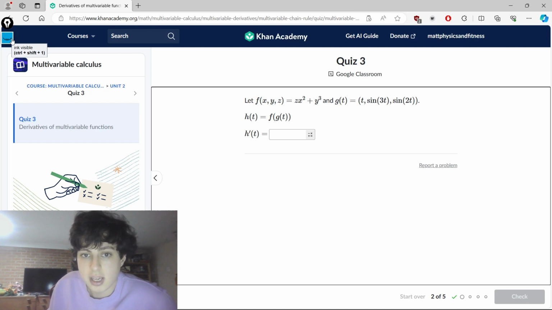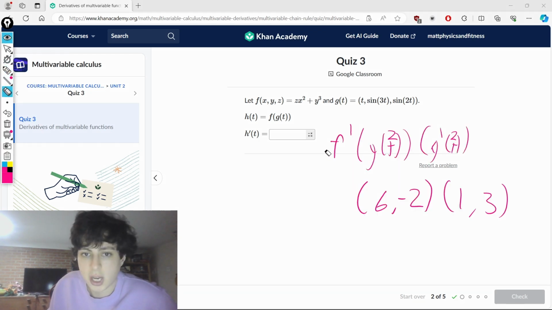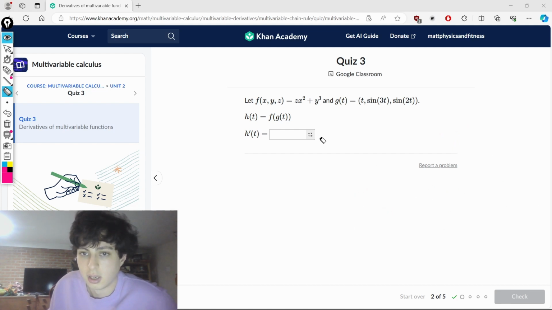h of t equals f of g of t. h prime of t, we know we have to do the same chain rule, so it's going to be f prime of g of t times g prime of t. And then I think it's time to do some directional derivatives or something.